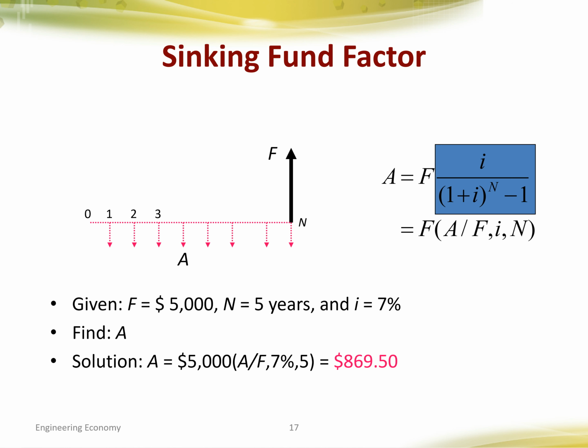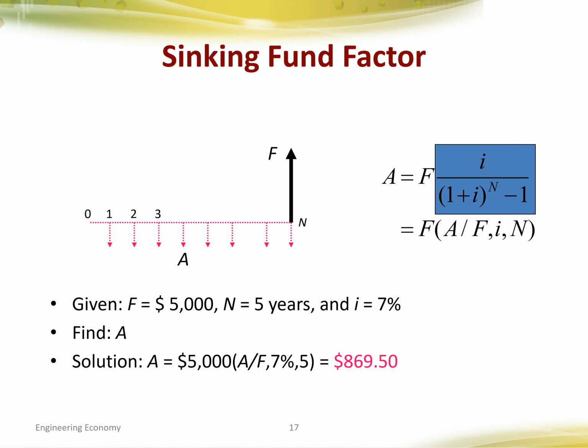Okay, so that's given A, find F, which is quite intuitive. We have a lot of payment, we want to know its future value. Or given F, we want to compute what will be a series of equal payment that we can do.